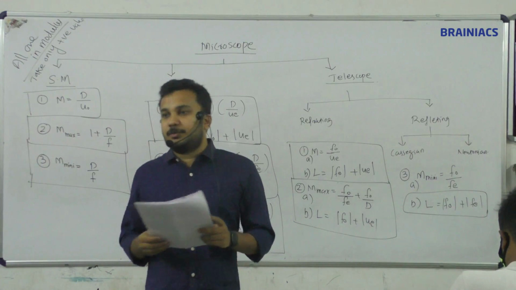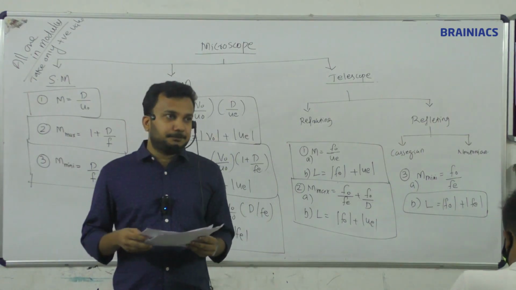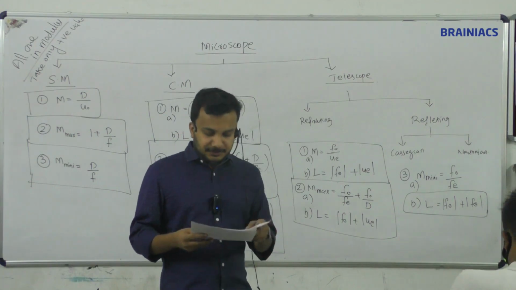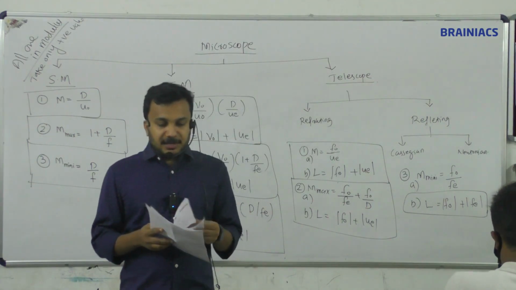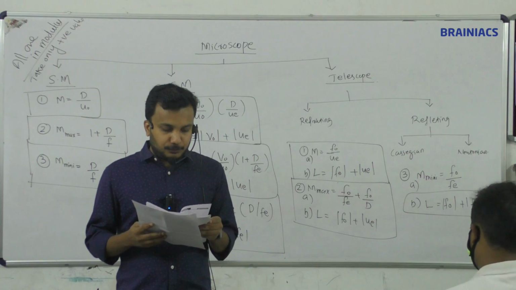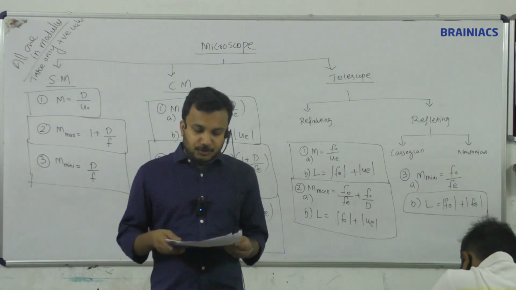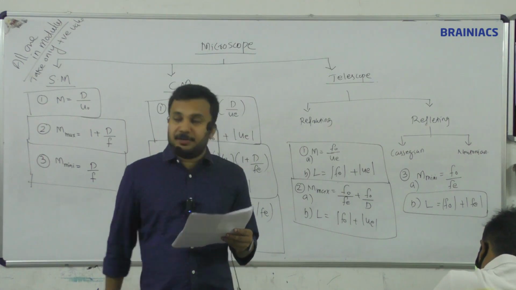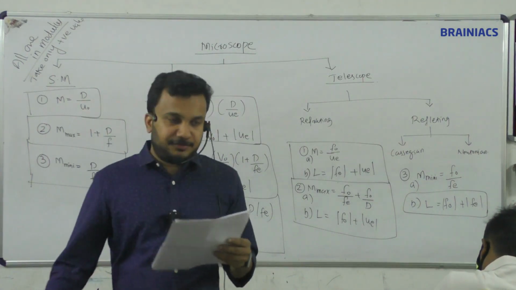Is 0.5 alpha or beta? Alpha, the visual angle alpha equals 0.5 degree. What we need to find is the visual angle beta.